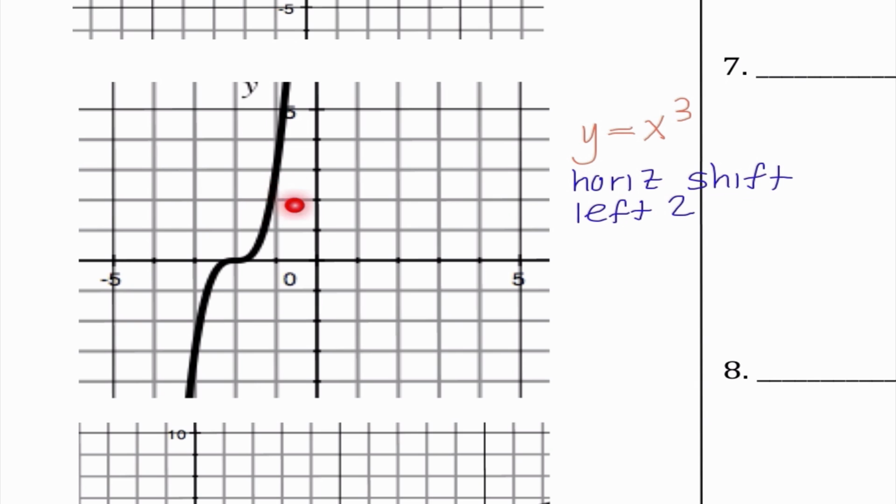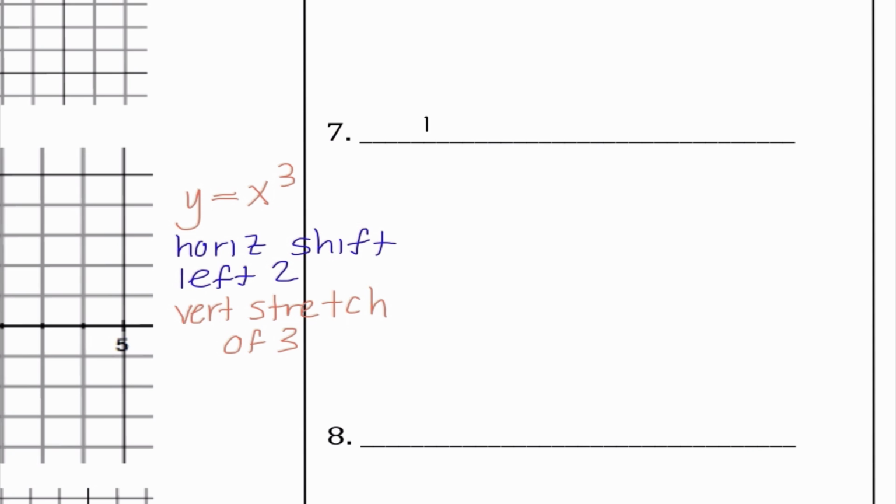In fact, up 2 over 1 it's getting close, but I actually think the best spot where it really goes through that lattice point is at up 3 over 1. So I'm going to say that that is a vertical stretch of 3. So now that I'm writing this, I'm going to write y equals 3, and then a horizontal shift we know goes inside, so I'm going to say times the quantity x plus 2 cubed.